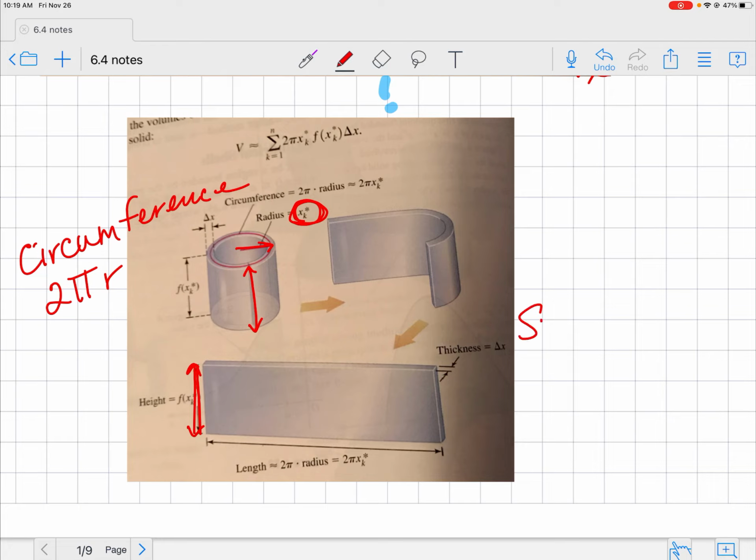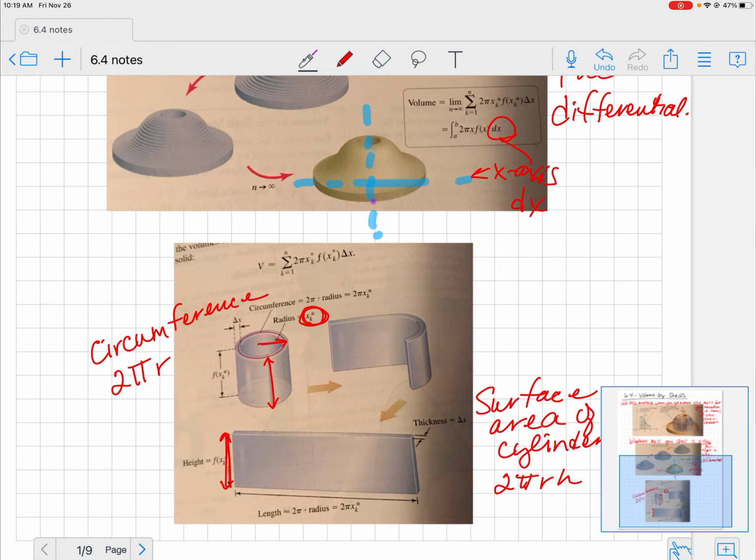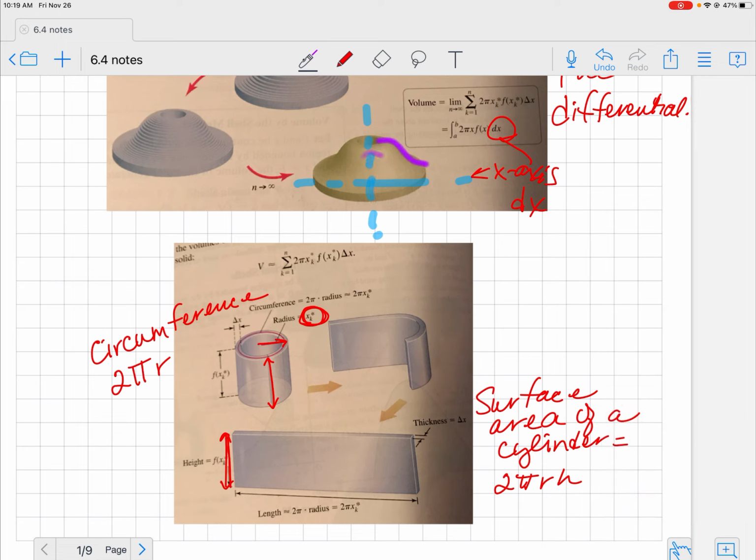Okay, so let's talk about this. Let's write this real quick. Surface area, because that's what we're looking at. We're just adding up a ton of surface area. 2 pi rh, because it's more than just this circumference. I also have to take into account my height. My height is what's going to go up here to my function.